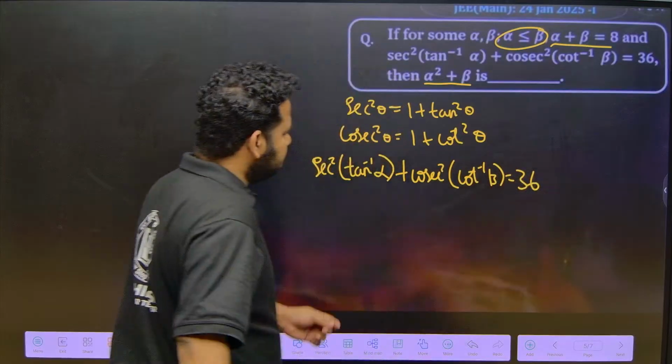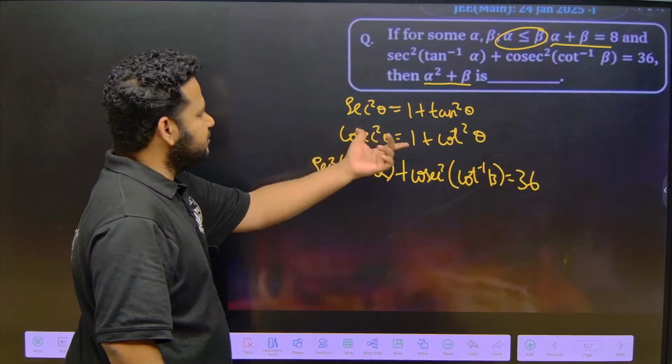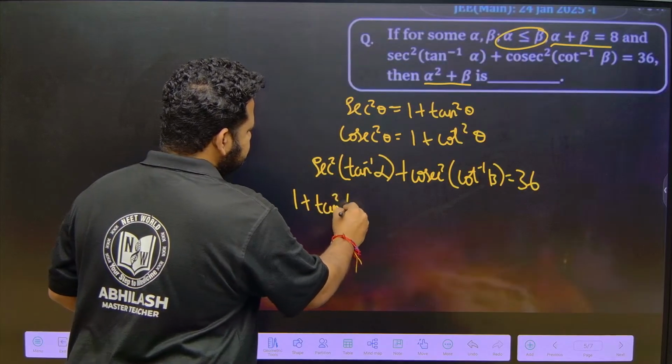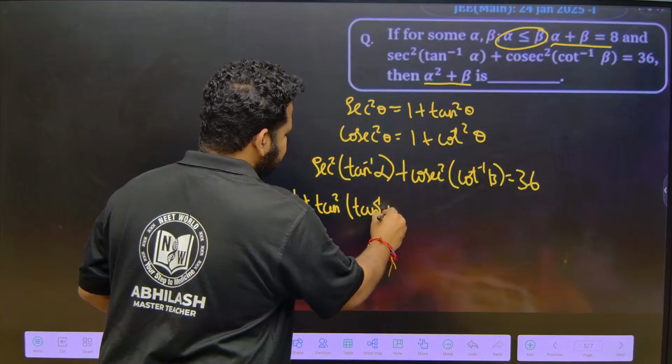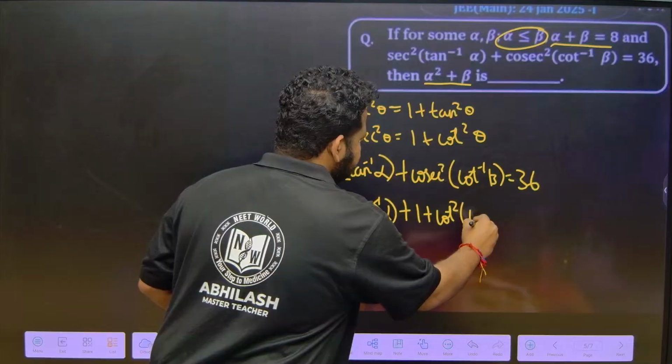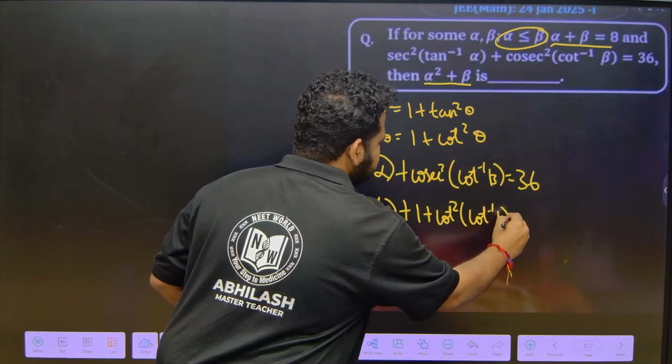Let me write secant square in terms of tan: 1 plus tan square tan inverse of alpha plus 1 plus cot square cot inverse of beta, that is equal to 36.